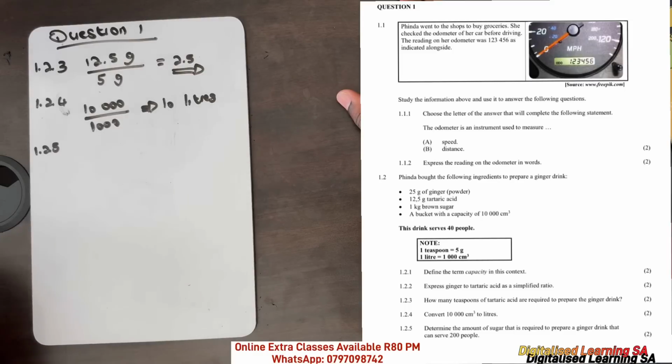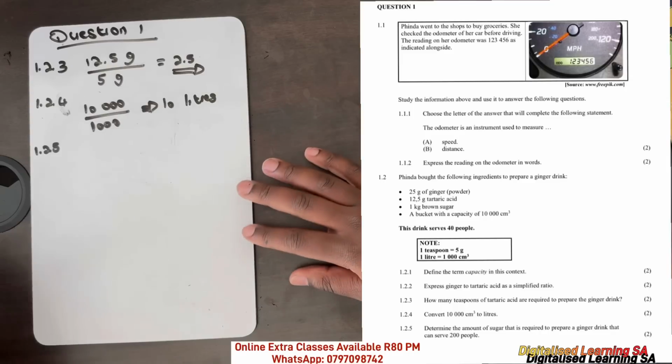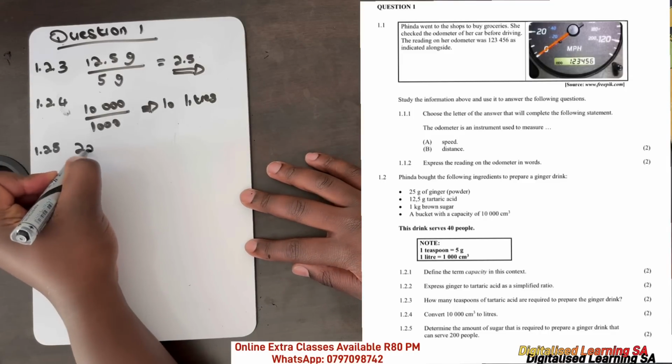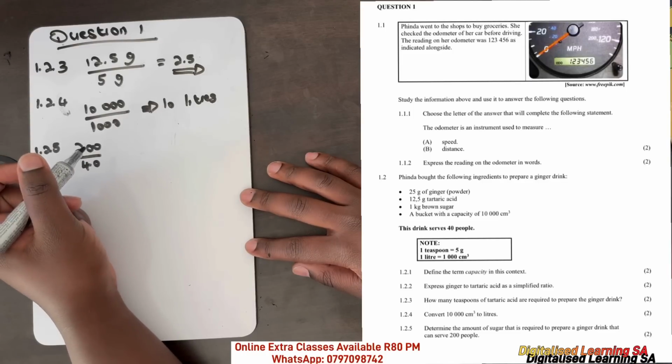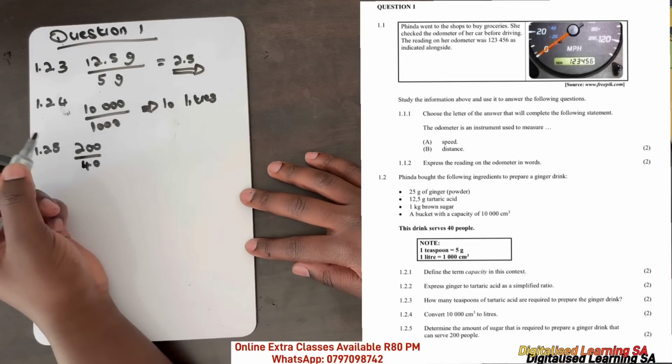If we look at our information, we are told that we need 1 kg of brown sugar to prepare a drink that serves 40 people, meaning that to determine the amount of sugar required to serve 200 people, we can just say 200 divided by 40, because we know that 1 kg serves 40 people.